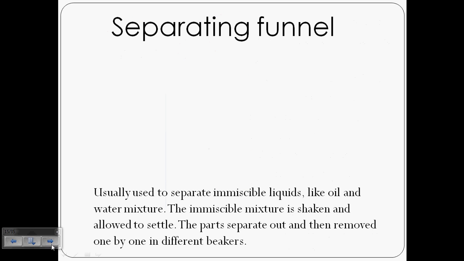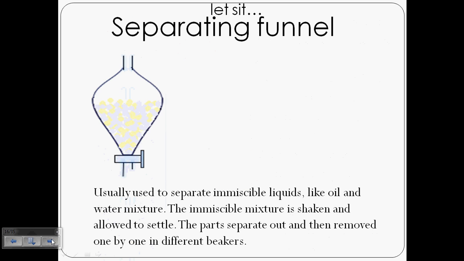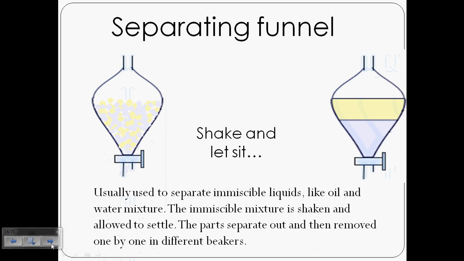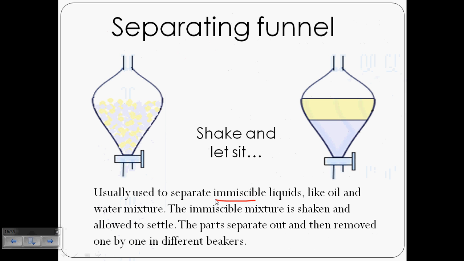A separating funnel is used to separate out immiscible liquids. This term means like oil and water, or two liquids that don't mix with each other. To use this, you have a mixture, you shake it and let it sit. The lighter layer separates on the top, which in this case is oil, and the heavier layer settles at the bottom, which is water in this case.